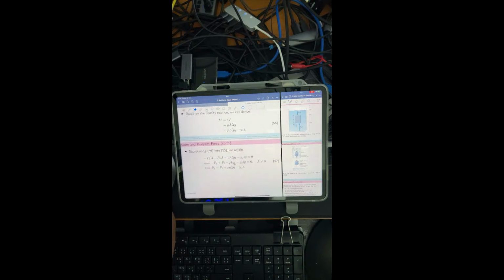So finally we have minus P1A plus P2A minus rho A. We can cancel A from this equation, since A is the same, and we have minus P1 plus P2 minus rho g (y1 minus y2) equals 0. If you want to find P2, you just move the negative terms to the right-hand side: P2 equals P1 plus rho g (y1 minus y2). We moved g to the front already.